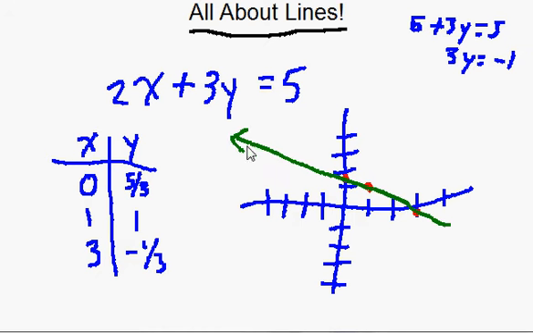The slope is 2. Now the other thing about lines is their y-intercept, the place that they intercept the y-axis. So when x is 0, we already discussed that y is 3. So it crosses the y-axis at 3. So the y-intercept is equal to 3. So this is actually the slope-intercept form of a line.